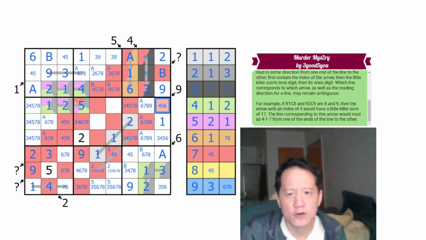This can no longer be 5. One of these would be 5, so that can't be 5, that can't be 5. This would be 3, so this could not be 3 then.